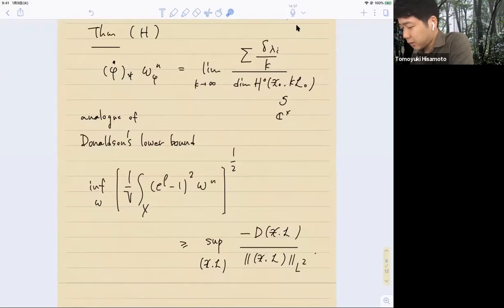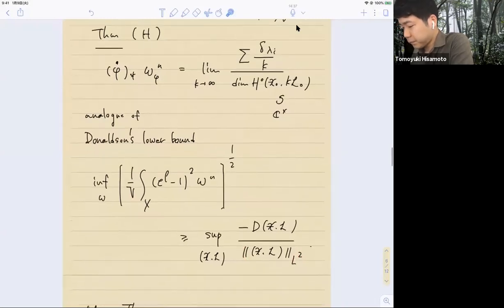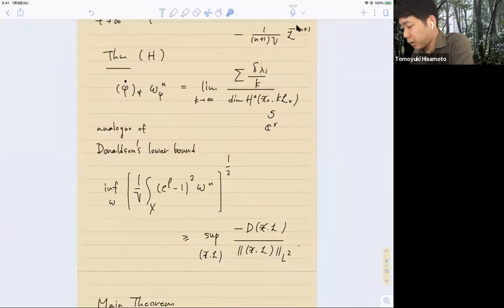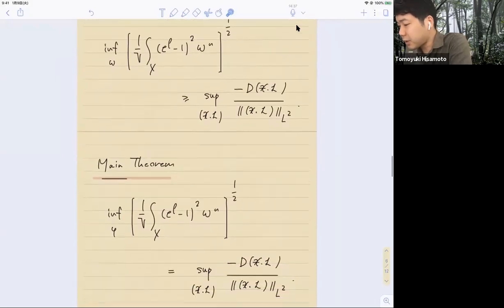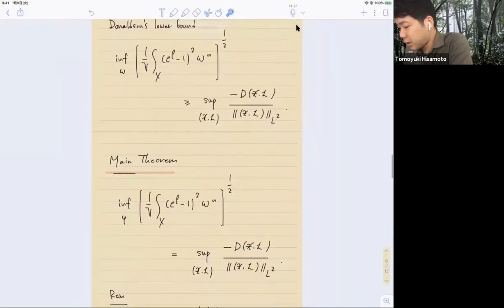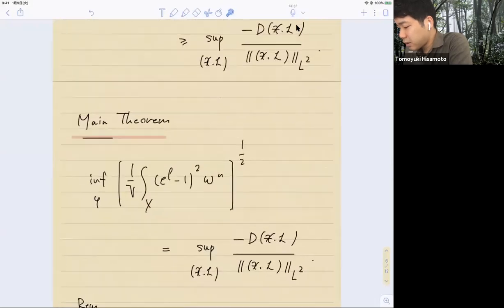It looks like the Calabi functional is bounded from below by the D invariant divided by some norm. This is the background, and our main theorem today is that this is actually an equality.